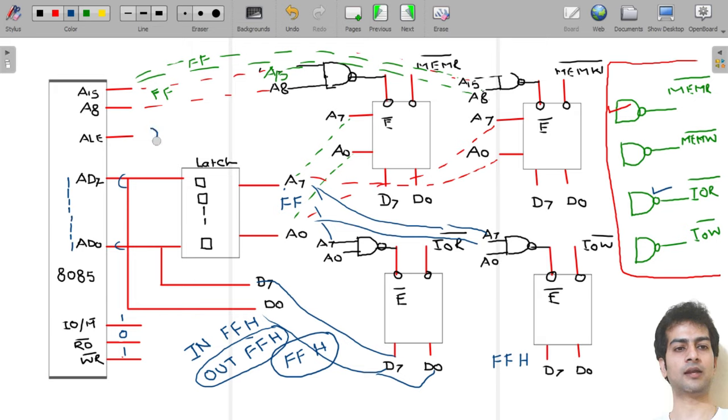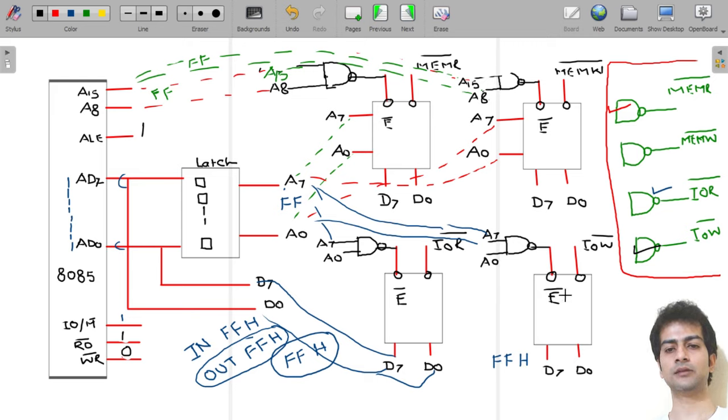FF will come here also, but this time this will not be activated because we want to perform a write. So what will be the status of the control signals? It will be 110. So this will get activated.